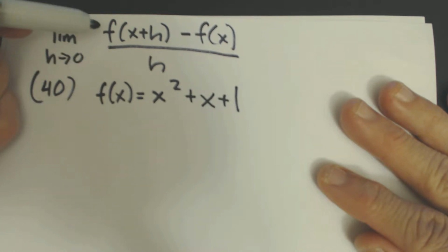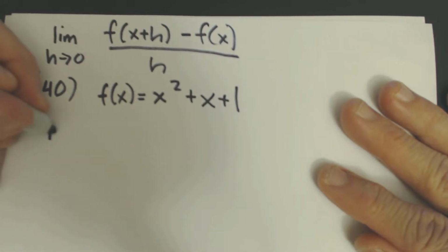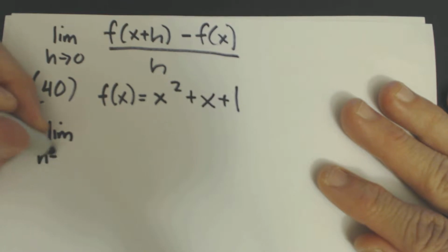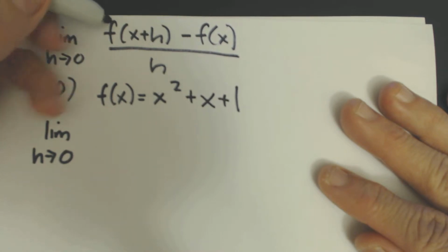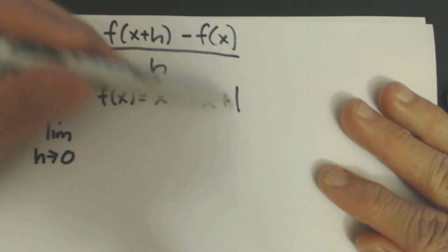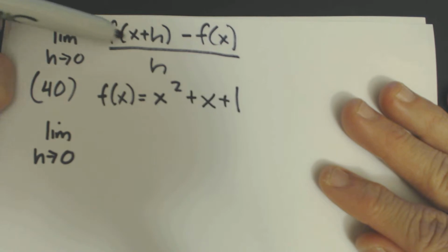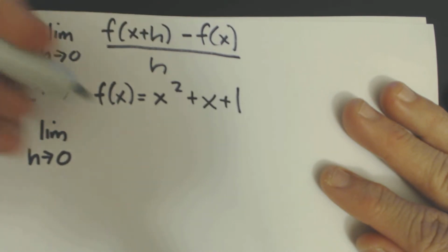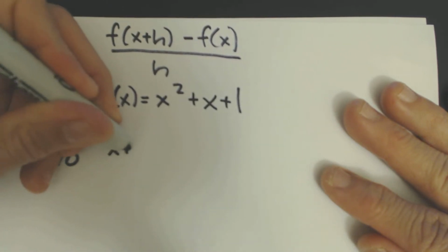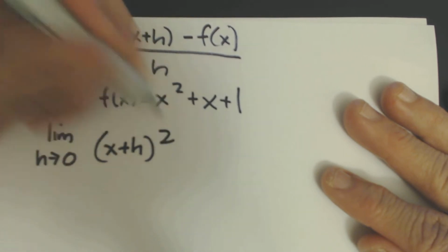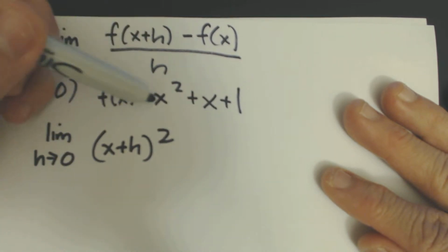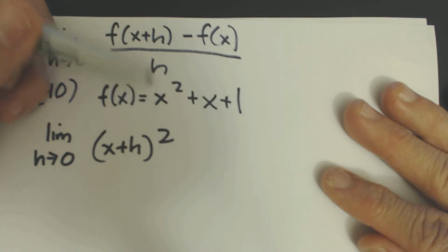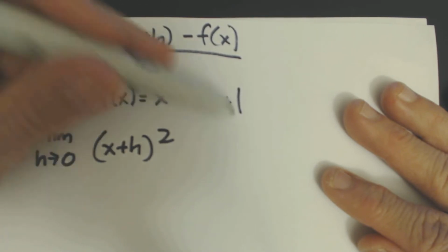So the first thing we need to do is rewrite the limit expression notation. And so we want to have this quadratic evaluated at x plus h. So it's going to be x plus h squared, the first term. So remember, we're plugging in x plus h for x in this entire expression first.